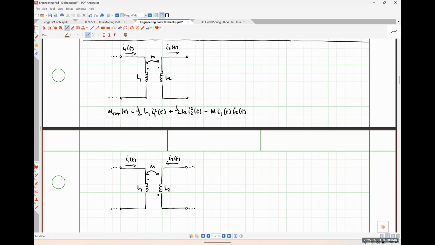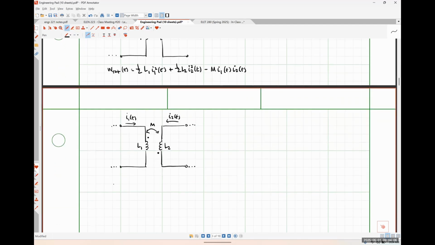If we think about flipping the secondary upside down, that would be the situation where dots are on the same side and I2 is flowing into the undotted terminal, or essentially out of the dotted terminal. That means we're going to have the exact same thing that we had just a moment ago, right?